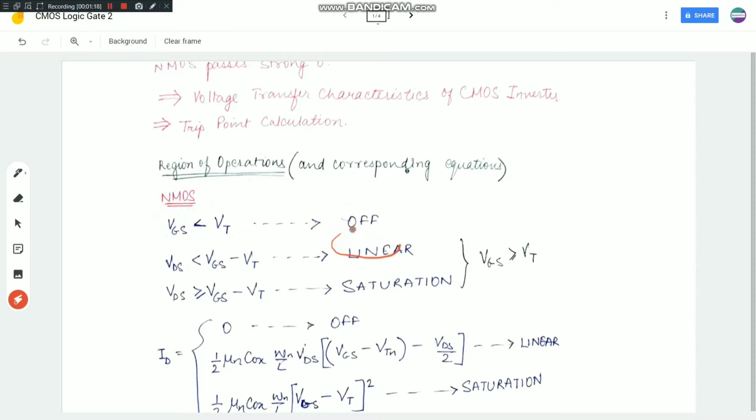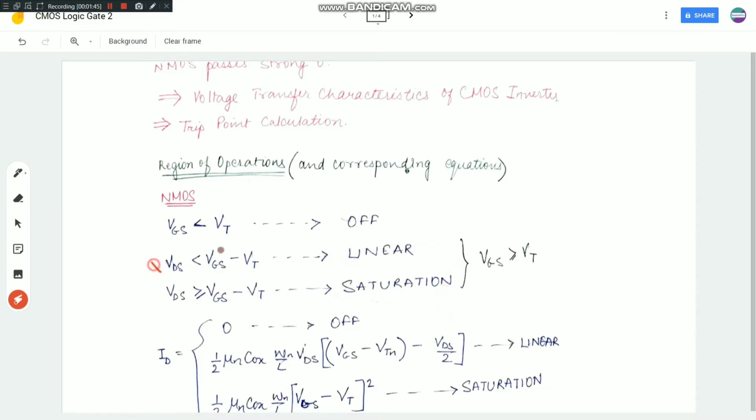To have it in the linear state, the primary condition is that VGS should be greater than or equal to VT, but also VDS should be less than VGS minus VT. For the saturation region, again VGS should be greater than or equal to VT. This means that your device is on. Once it is on, you decide whether the device is in linear or in saturation.